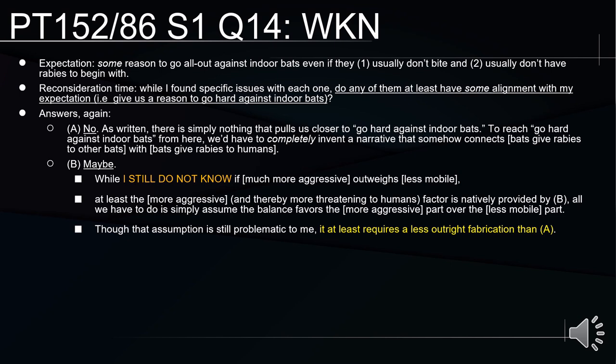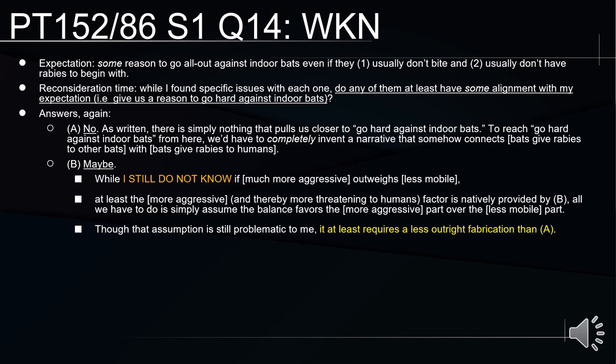And although that assumption is still problematic to me in comparison to A, it at least requires a lot less outright fabrication. Because remember, A just completely leaves blank that link that we absolutely need between bats giving rabies to other bats and somehow that translating into bats giving rabies to humans. We've got to invent that.